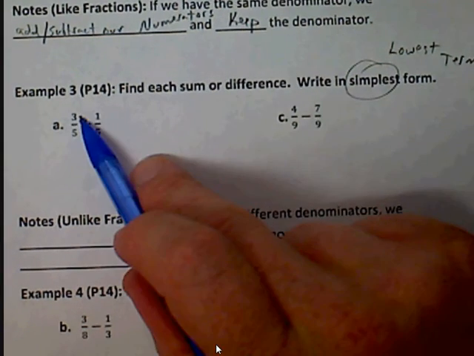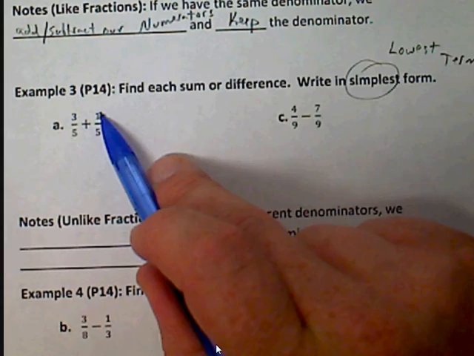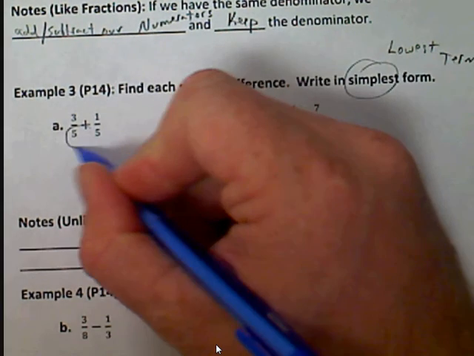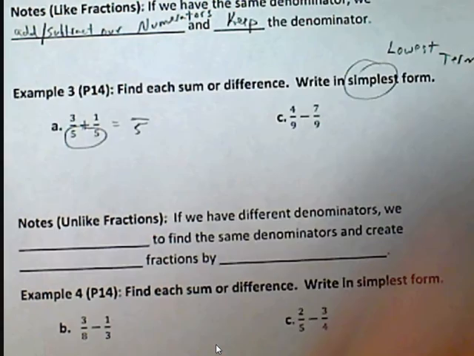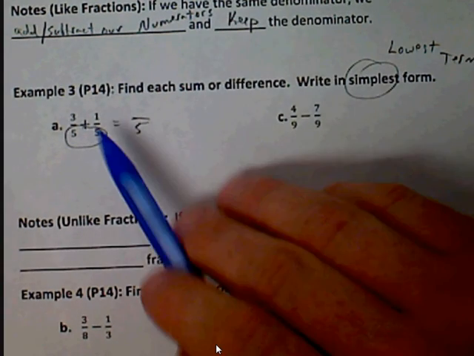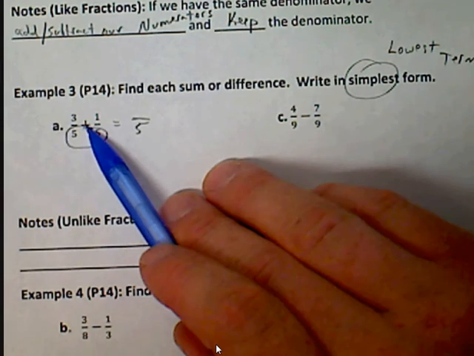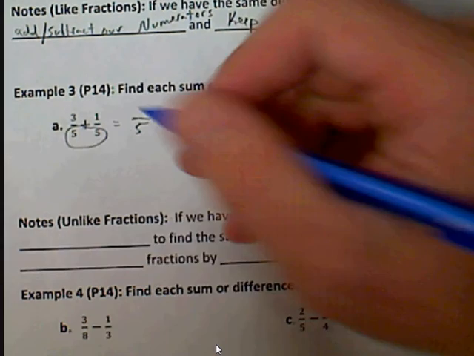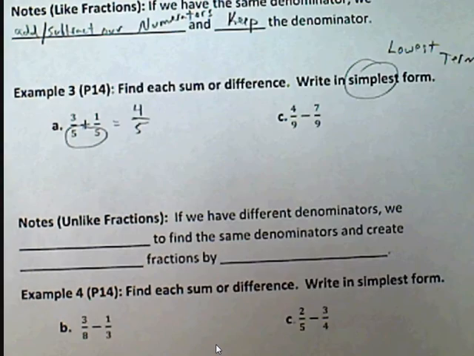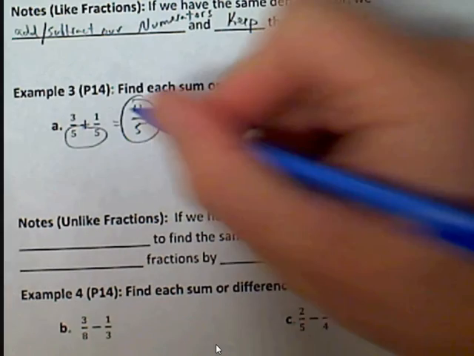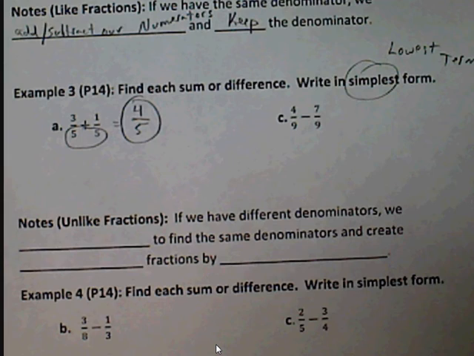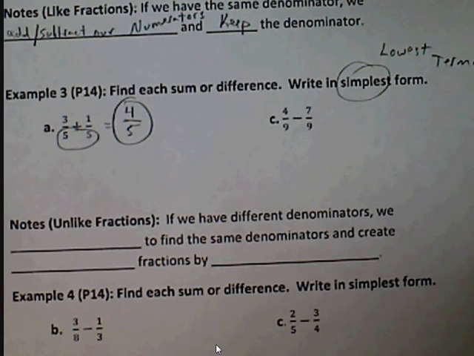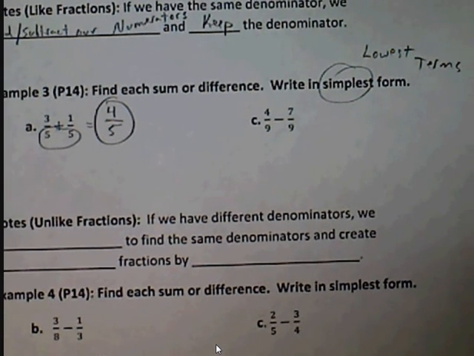If I have 3 over 5 plus 1 over 5, my denominators match, which means my denominator stays the same. Then I have 3 plus 1. Well, that is 4. I'm done. We're going to go ahead and skip letter B. It is the same thing, just subtraction.